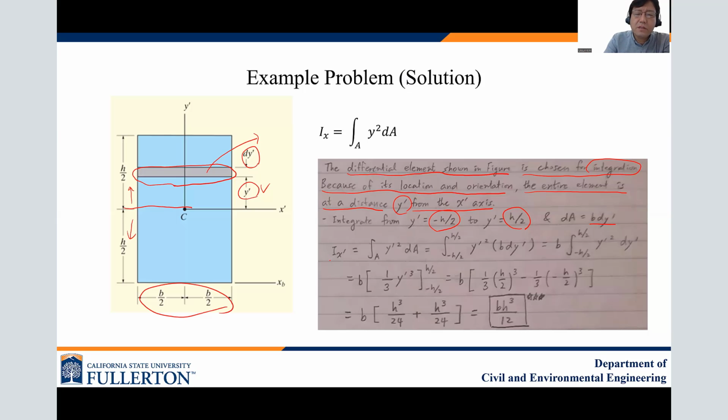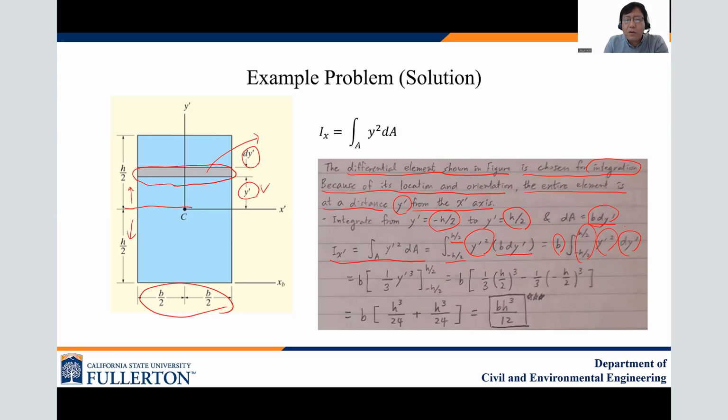We use this formula: Ix prime equals the integration of y prime squared dA, with the range from minus h/2 to h/2. Instead of dA, put b dy prime. Since b is a constant, it can come out of the integration, leaving the integration of y prime squared dy prime.